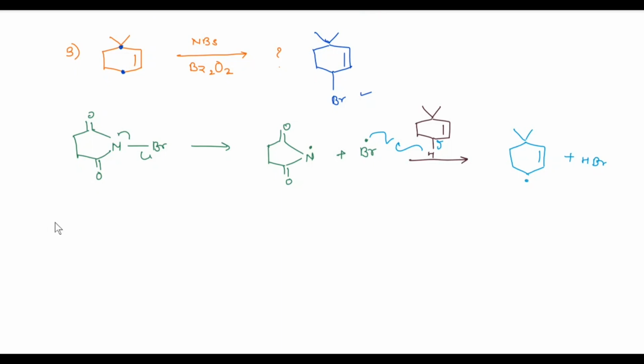In the next step, the propagation step, this HBr again reacts with N-bromosuccinimide, and we get succinimide plus Br2.